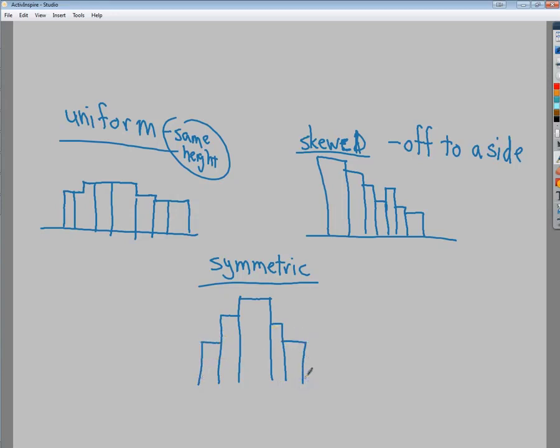So essentially you have an axis of symmetry. You can break it in half. I could fold one part over the other. It doesn't have to be exact. It just has to have the general idea that it is symmetric. So you're looking for sort of a line of symmetry.